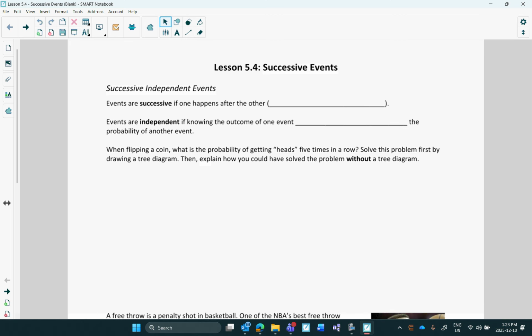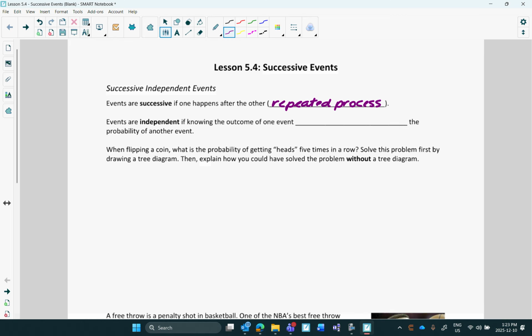So successive events, independent events, which means that one event does not depend on what happened in the previous event. Events are successive if one happens after the other, or if it's a repeated process. And remember, we talked about independent events.